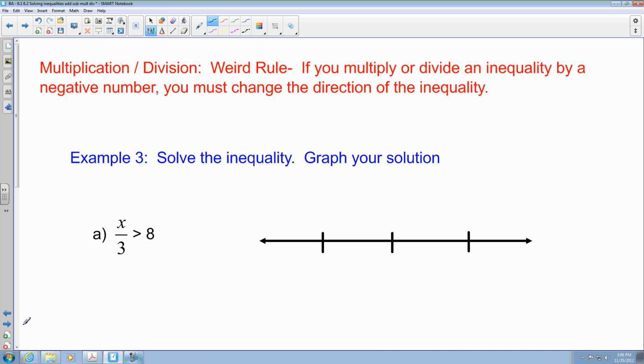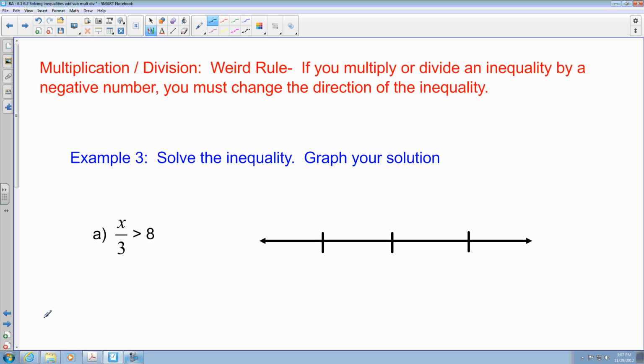All right. Now that we solved inequalities by using addition and subtraction, the next step is to use multiplication and division. Now there is one weird rule that you have to take into effect when you work with inequalities that involve negative numbers for multiplication and division.